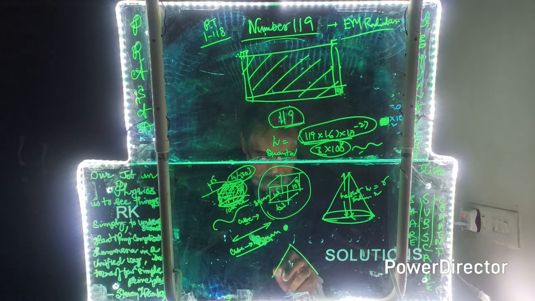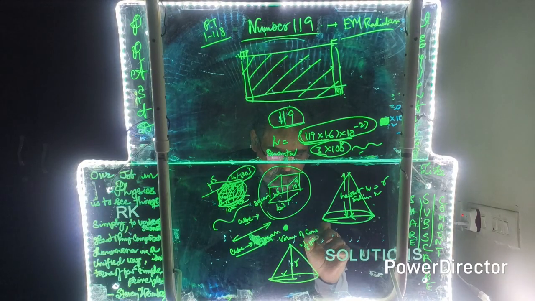A cone whose radius is r, whose height is r. What is the volume of a cone? Equal to 1/3 pi r square h. If h is also r, it is pi r cube. So the volume of a cone of radius r and height also r is one third pi r cube, right?